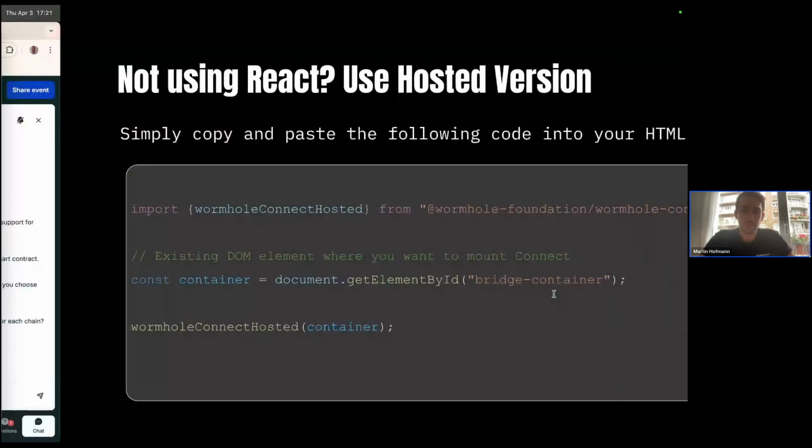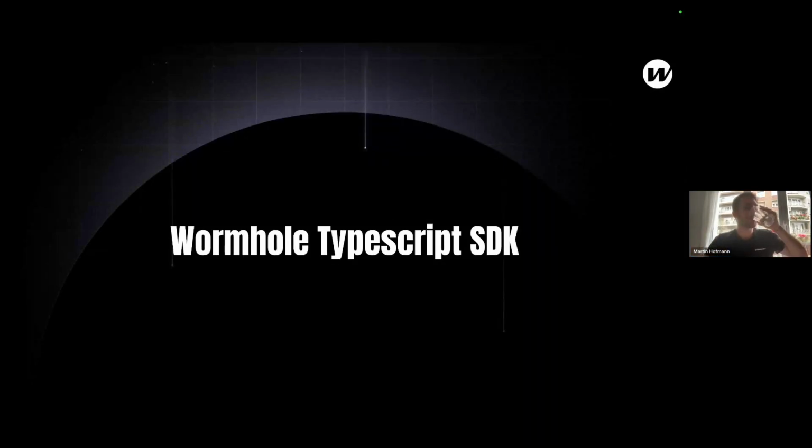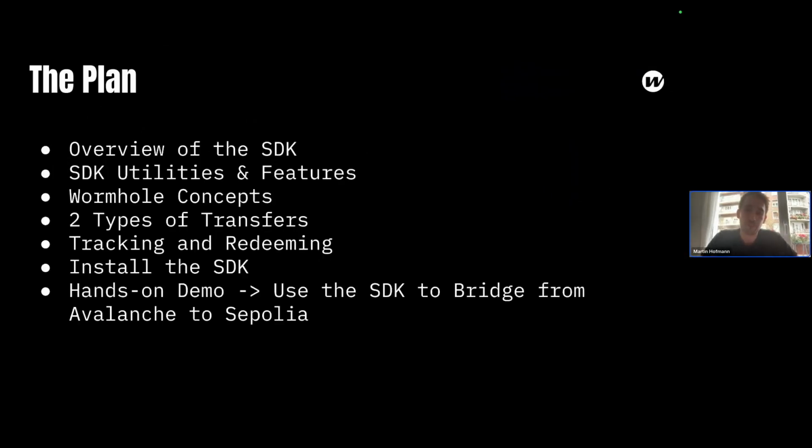All right. So yeah, let's go to the Wormhole TypeScript SDK for 1 second. So the plan for today is to have an overview of what the SDK is about, the utilities, all the features that it has. We're going to touch different Wormhole concepts.